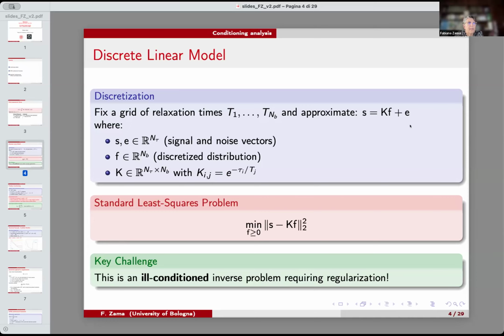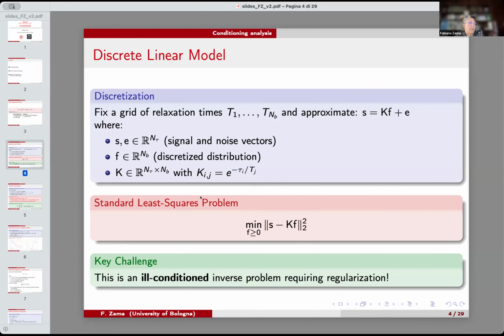And so at the end, we have a linear model of our problems. If we don't set these times, we have a nonlinear model. We still have an ill-conditioned problem, but the conditioning is more involved to analyze. And so I just stay in this linear setting.